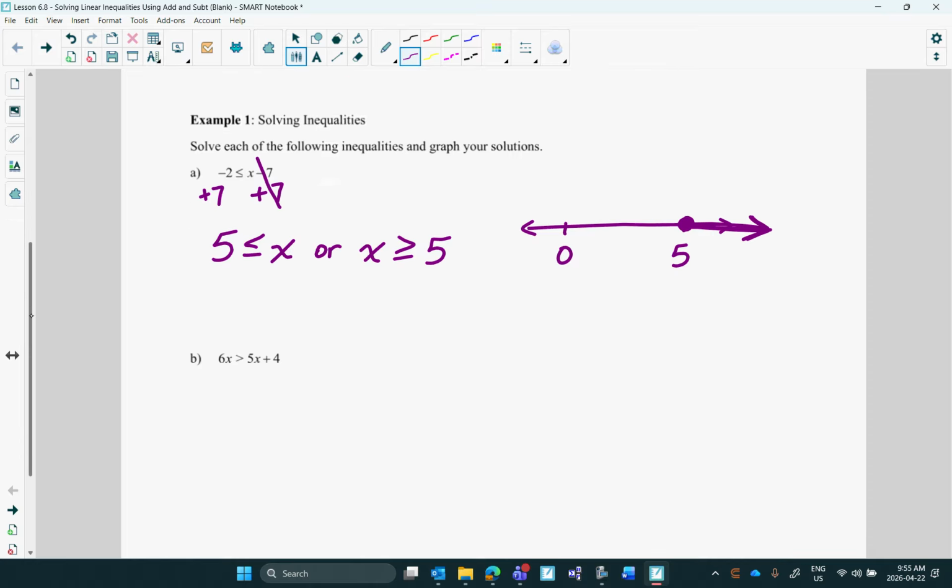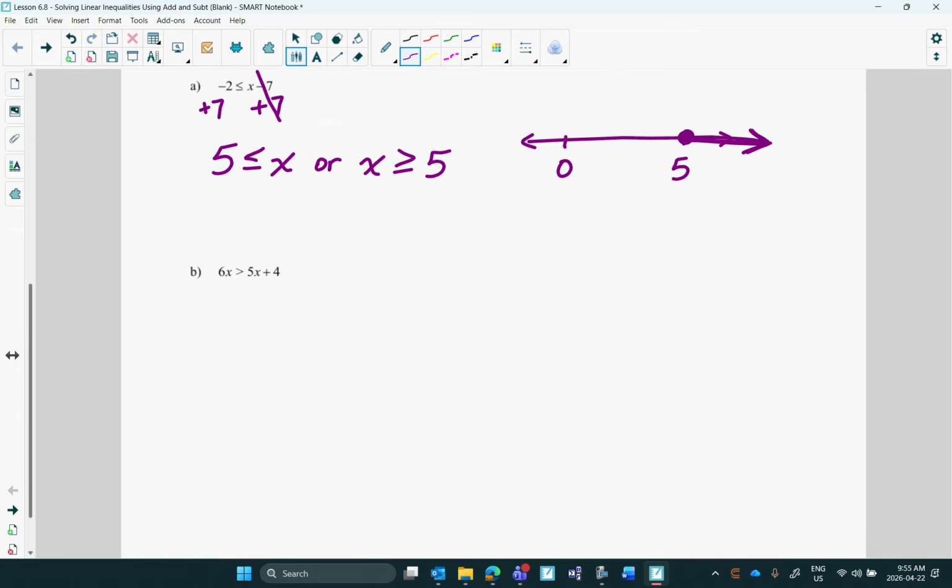This one. Notice I've got x's on both sides. What should I do first? Subtract. I've got to bring the x's together to one side. Minus 5x on both sides. And then you'll have 1x, or x, minus 4. Yep.